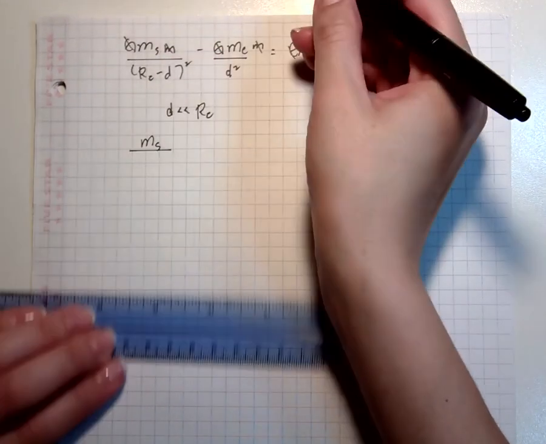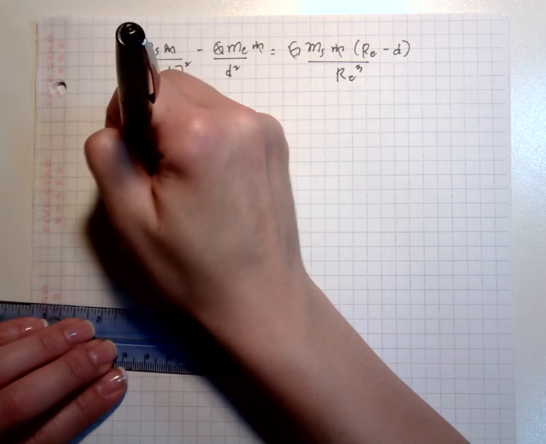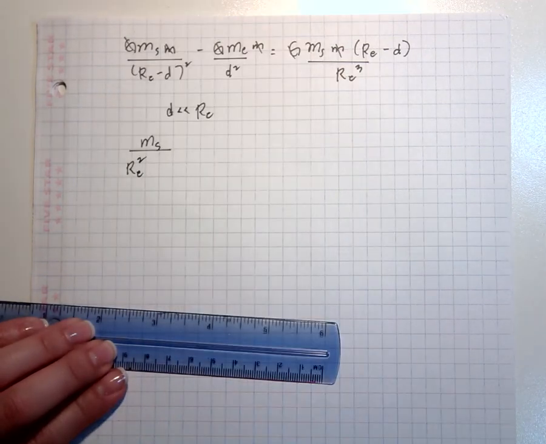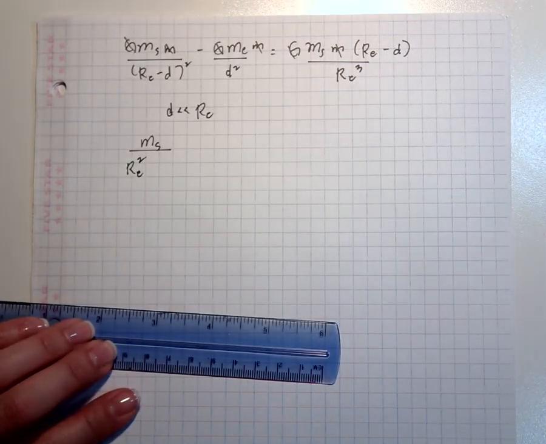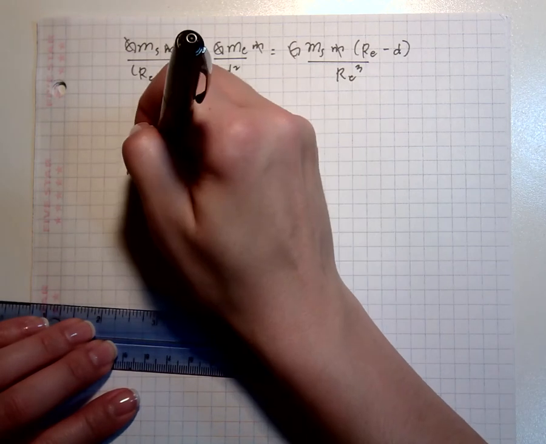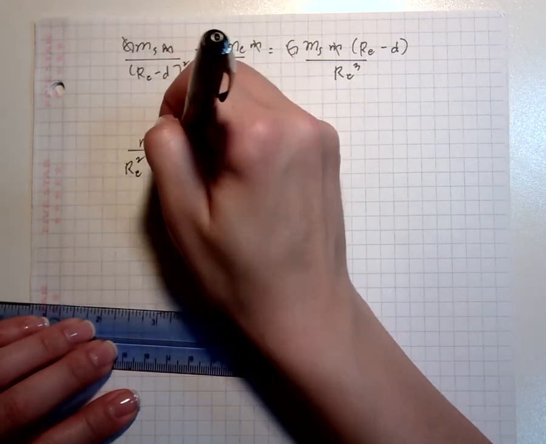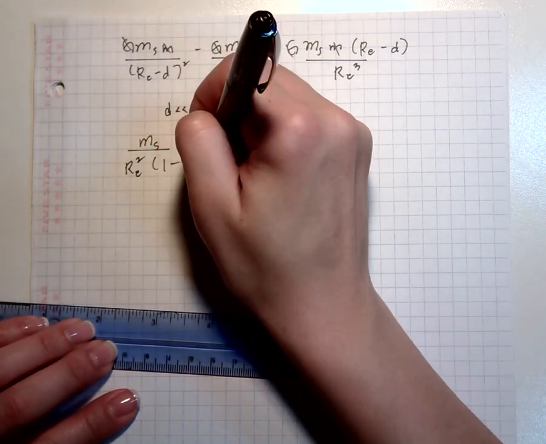So here in the denominator, we're going to factor out the orbital radius of the Earth. And when we do, we're factoring out of a squared term, so it's squared, times 1 minus d over the orbital radius of the Earth.